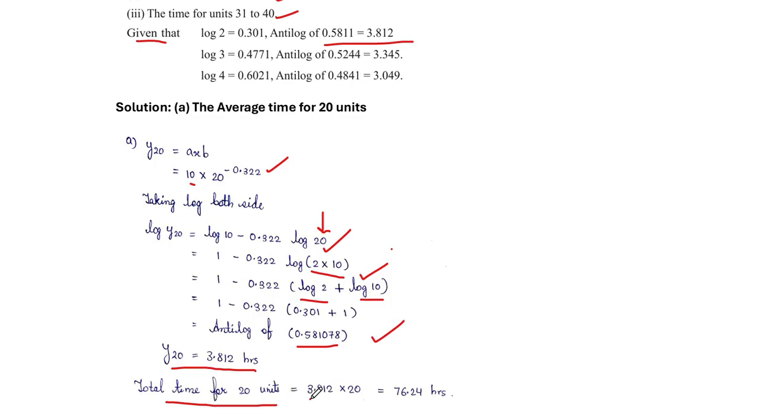So for 1 unit the time taken is 3.812 hours, into 20 units. So our total time for 20 units is 76.24 hours. The question only asked for the average time for 20 units, so the answer will be 3.812 hours.